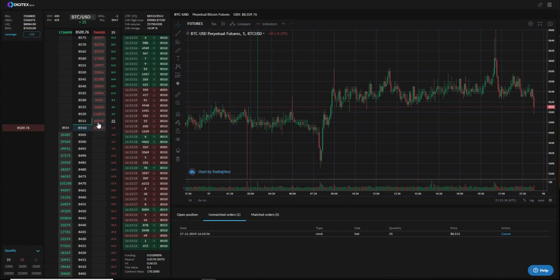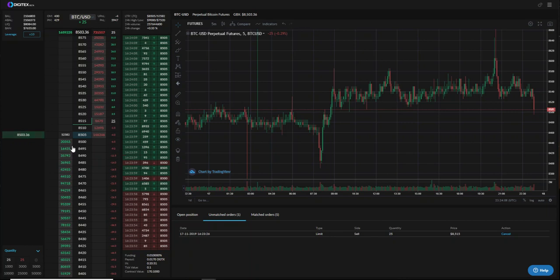There are almost 70,000 contracts for sale. So either the price of Bitcoin goes up, and if it does, it will force the market maker to place buy orders to take this liquidity and this liquidity and this liquidity, to drive the price up, to track the price of Bitcoin. It's an important concept to understand how it works.